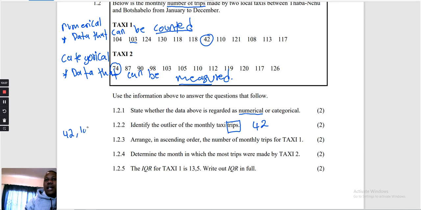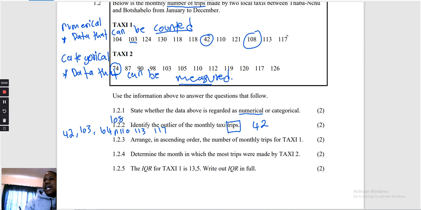I see 103. I see 104. I see 110, 113. I see 110, 113, 117. And then I see this 108. In between here there is 108. I skipped 108. I just saw it here.